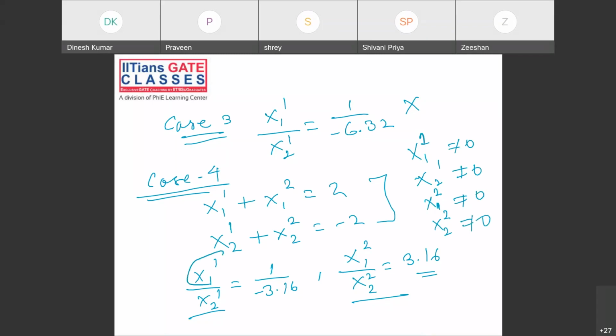Okay, how can I find? See guys, from this equation I can write x2 1 in terms of x1 1.